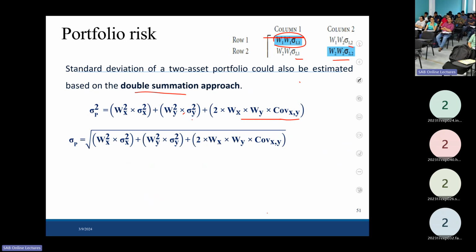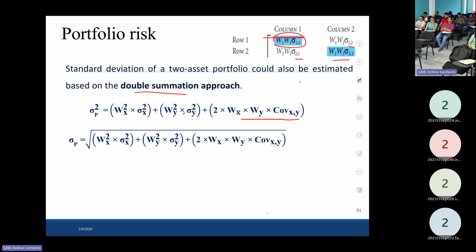So this is what we call the double summation approach. You can extend this formula to whatever number of stocks in the portfolio, with the covariance and variance combinations, not like the statistical method.